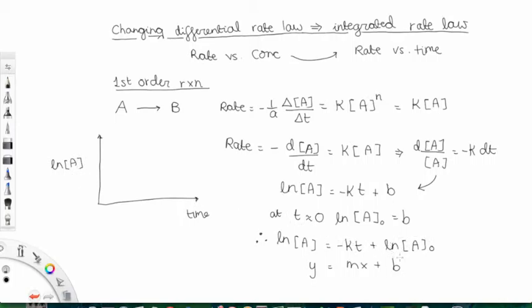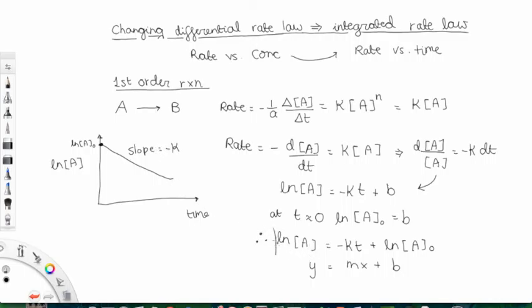And so as you can see, the y-intercept is the natural log of [A] at time 0, so ln[A]0, let's say it's right here, and it's going to be a negative slope because of the fact that it's -m. And so it looks something like this, where the slope is -k.